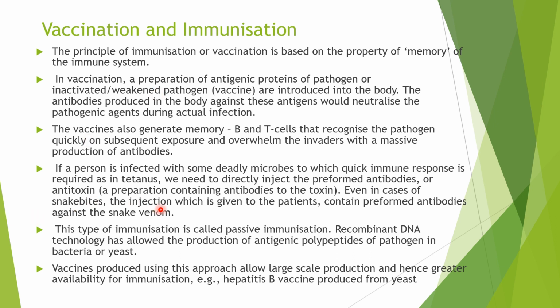If a person is infected with some deadly microbes to which a quick immune response is required, as in tetanus, we need to directly inject the preformed antibodies or the antitoxin. Antitoxin means what? It is a preparation containing antibodies to the toxin.